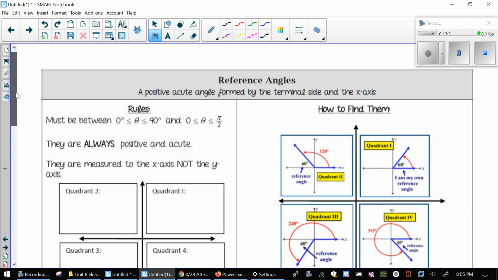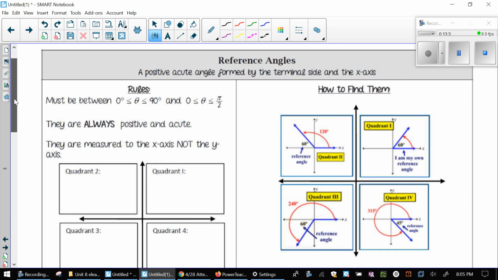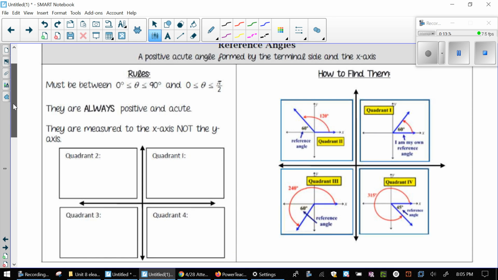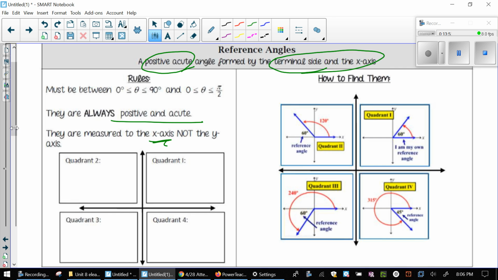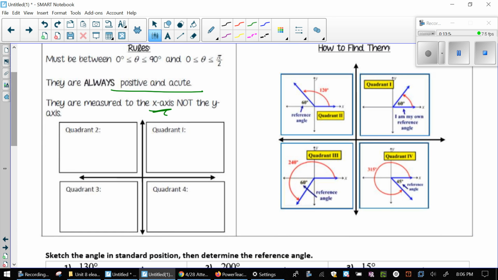We got some rules here. All right, check out these rules. So first, reference angles. Positive and acute. Formed by terminal side and x-axis. Has to be with the x-axis, okay? Please remember that, positive and acute, x-axis, all right? So as you look at this, we got some nice pictures over here.